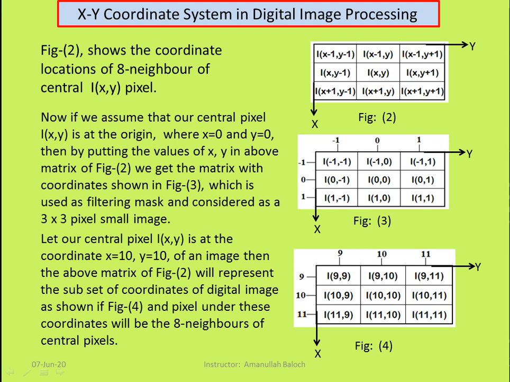Let our central pixel I of x, y be at the coordinate x equal to 10, y equal to 10. If its x position is 10 and y position is also 10, then one pixel before on the x-axis will be 9, and one pixel toward the positive direction will be 11.